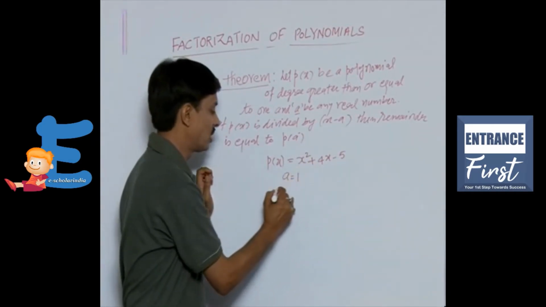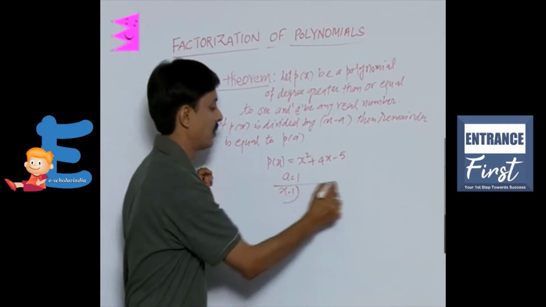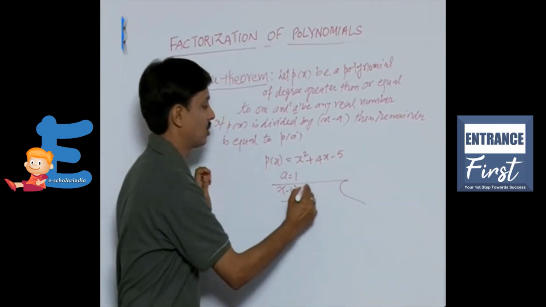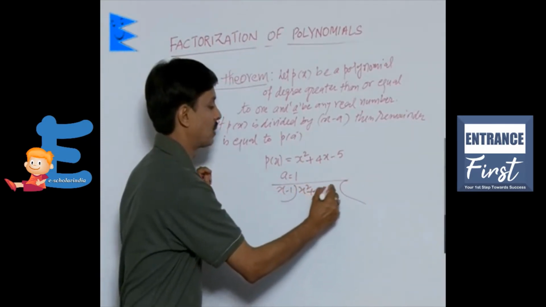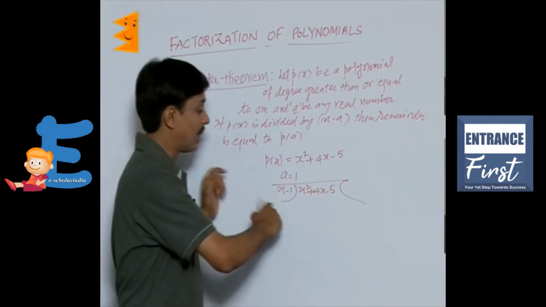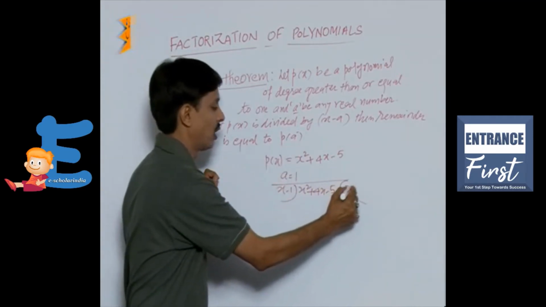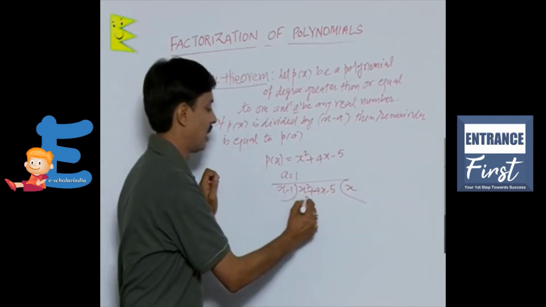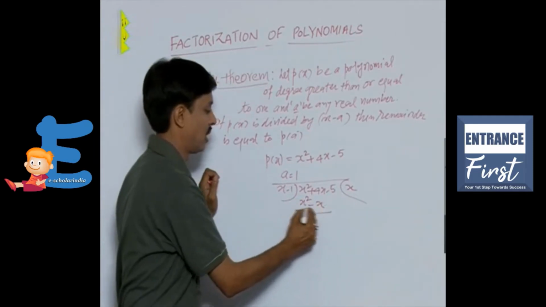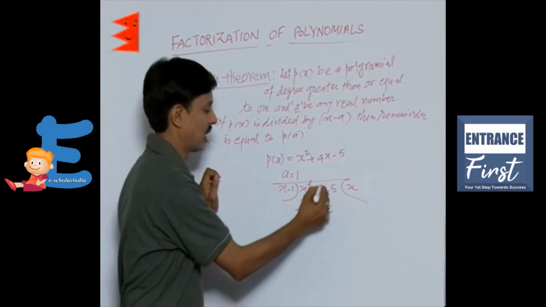So when x minus 1 divides x square plus 4x minus 5, I am actually dividing it. You will notice it is x. This becomes x square minus x. So minus and plus get cancelled.